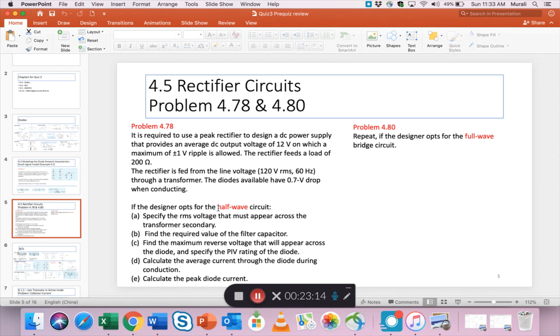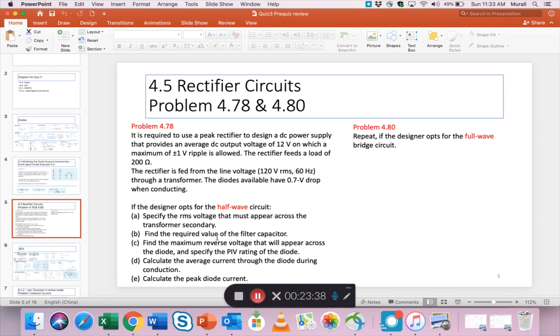So for a half wave circuit, here's all the things that we have to find. We have to find 5 things: A, B, C, D, E. A, find the RMS voltage that must appear across the transformer secondary, right? That's question 1. Then there's a filter circuit, because you have a ripple. It's not a large ripple, so you obviously have a capacitor. So find that required value.